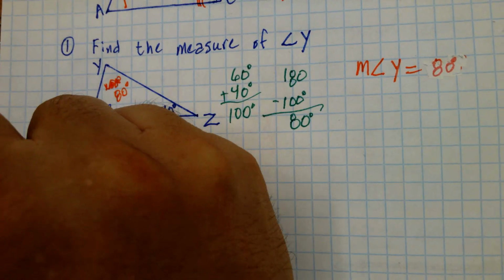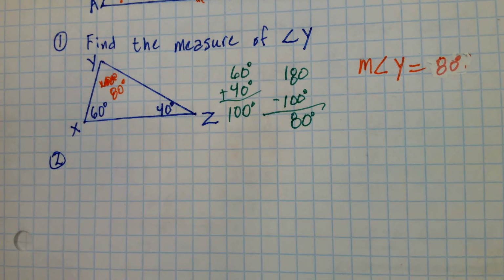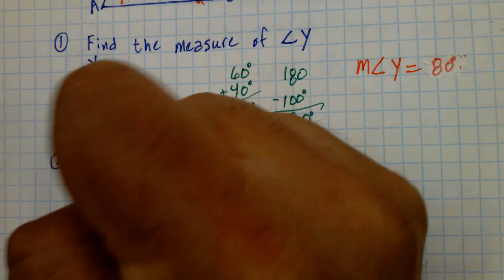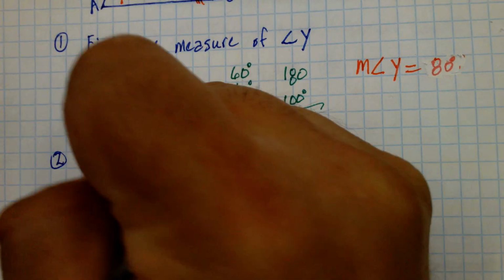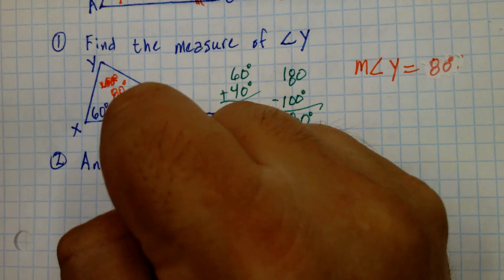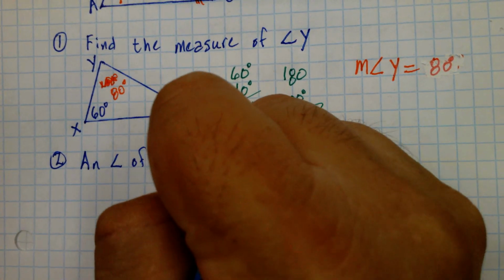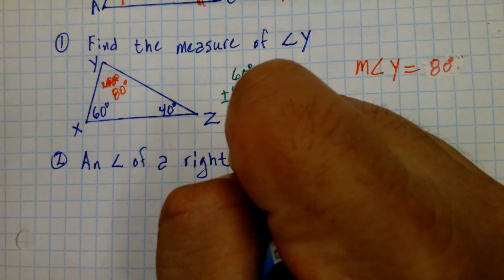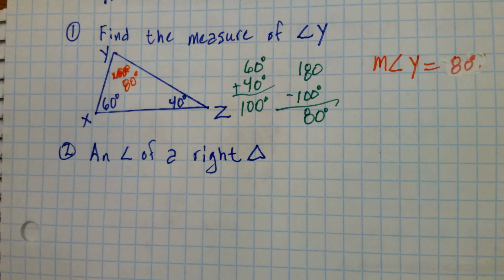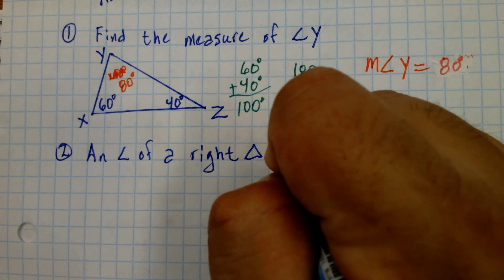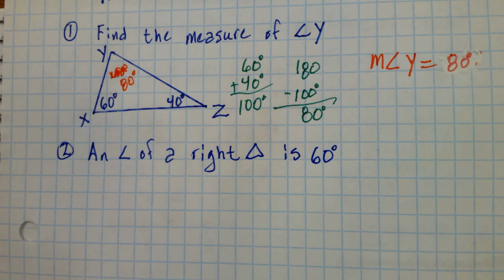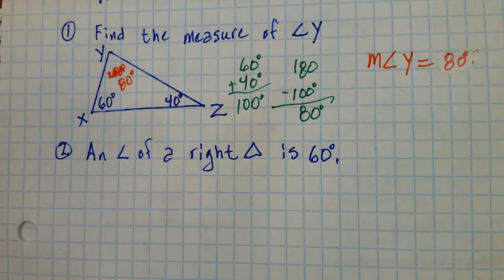Number 2. And it starts off: an angle of a right triangle. You could just draw a triangle. An angle of a right triangle is 60 degrees. Okay? So they're giving us a statement.